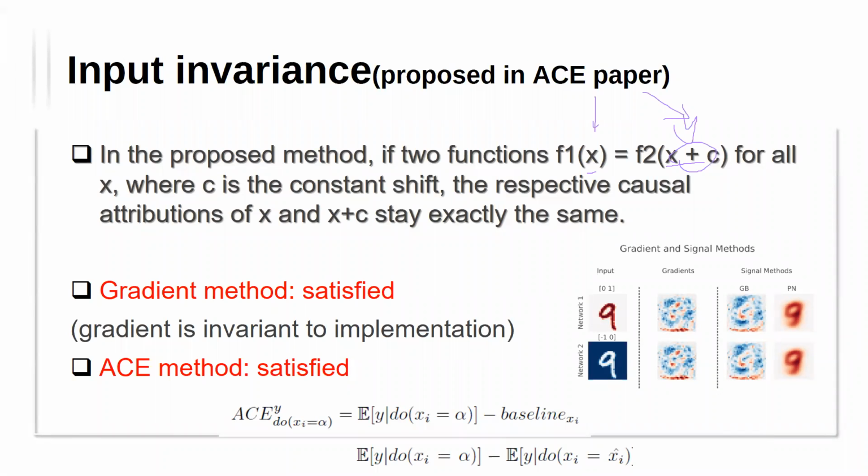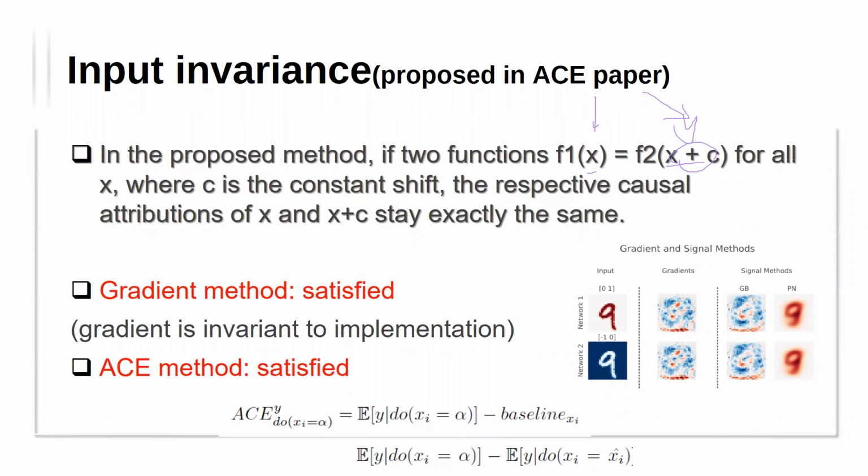F1 and F2 are two networks. So in this case, input invariance is not an axiom. It's a combination of two axioms. That's a lemma.